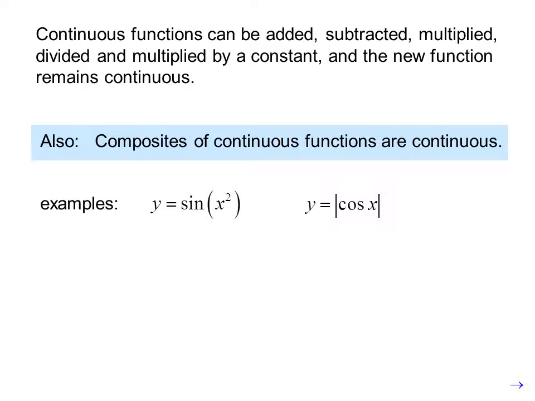In the first example, x squared is a continuous function, and sine x is a continuous function, so the composite is also continuous. In the second example, cosine x is a continuous function, and y equals the absolute value of x is a continuous function, so the composite function is also continuous.